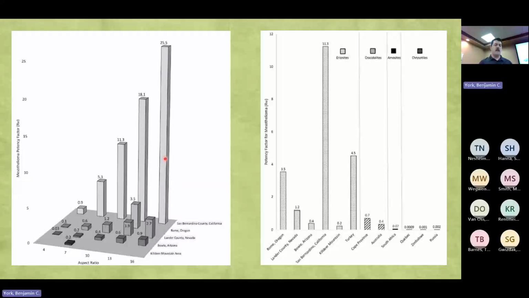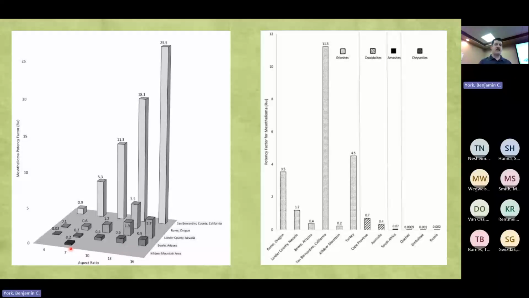But one of the things to point out is, why are there so many different aspect ratios for, say, California and Nevada and Arizona? They gave a wide range of different aspect ratios for ones where the research didn't specify. And for the Killdeer Erionite, the research that had been done nailed down pretty accurately what the aspect ratio was.